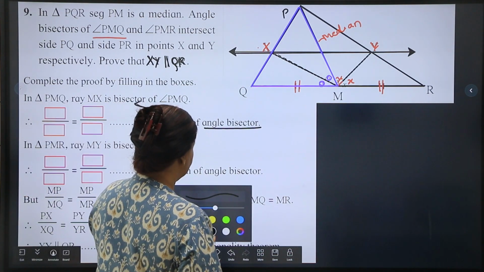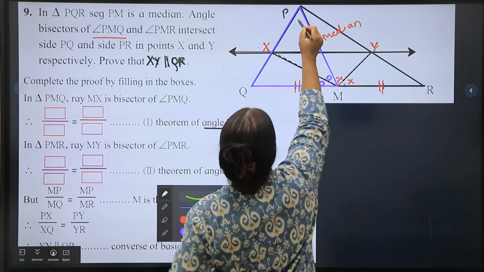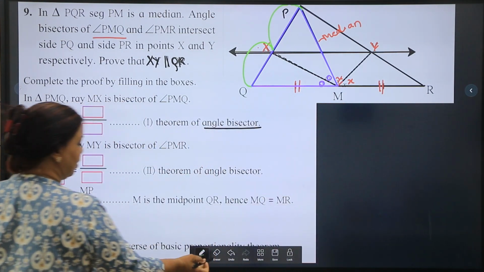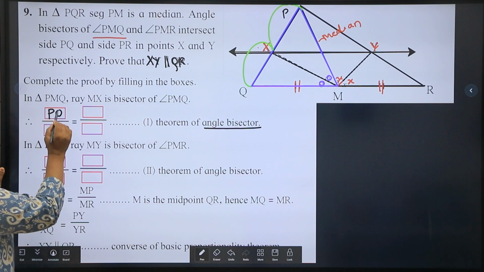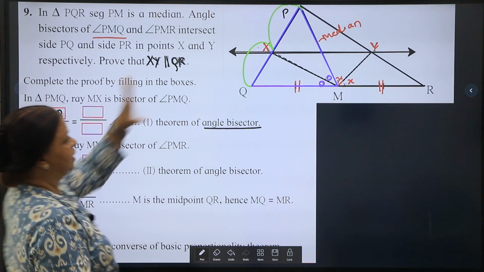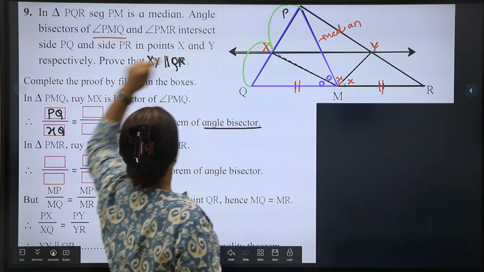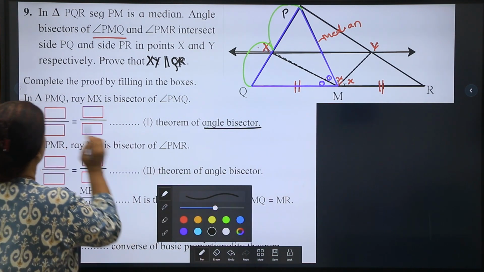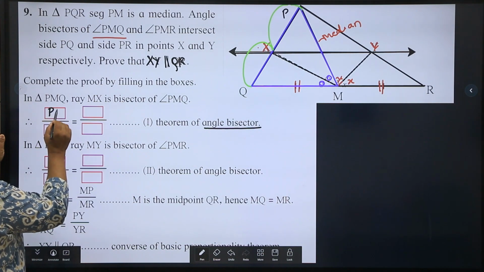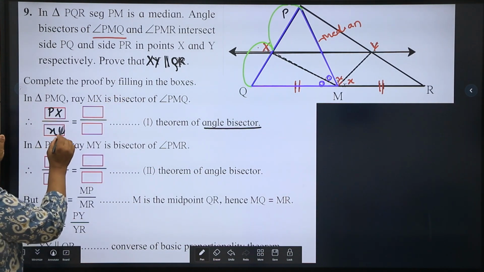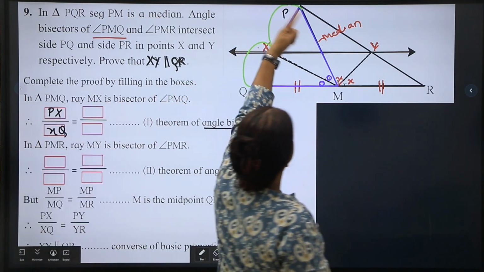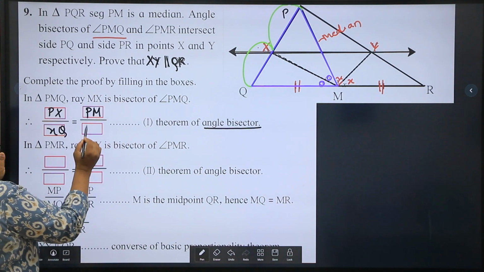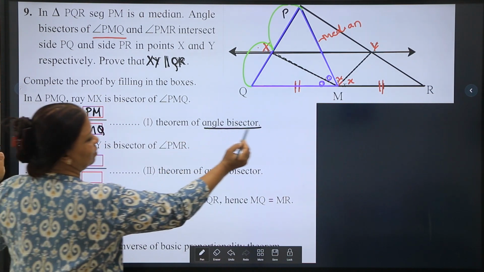What is angle bisector theorem? PX upon XQ is equal to PM upon MQ. Theorem of angle bisector.